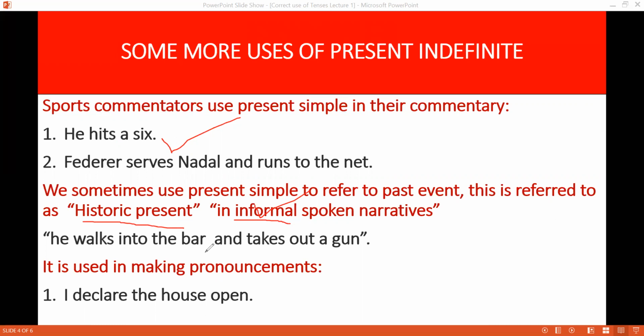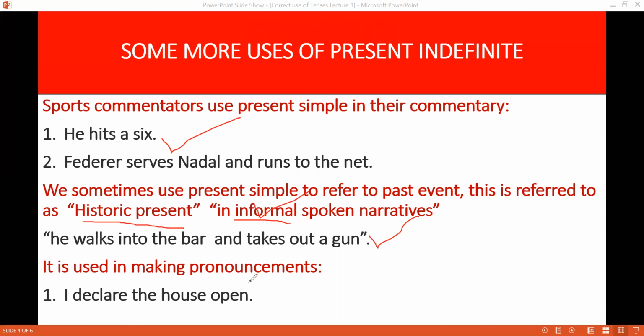He walks into the bar and takes out a gun. It's a past event which someone is narrating to someone informally in a spoken language. He can use present simple for narrating the past event. If he uses present simple for narrating the past event, this will be called historic present.